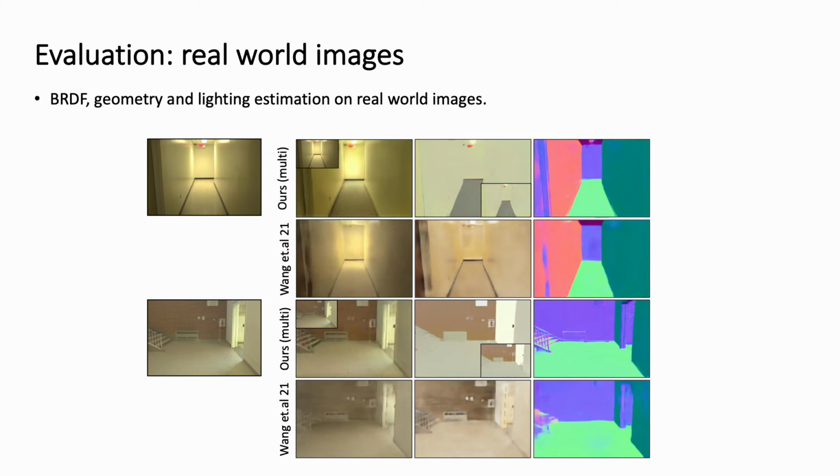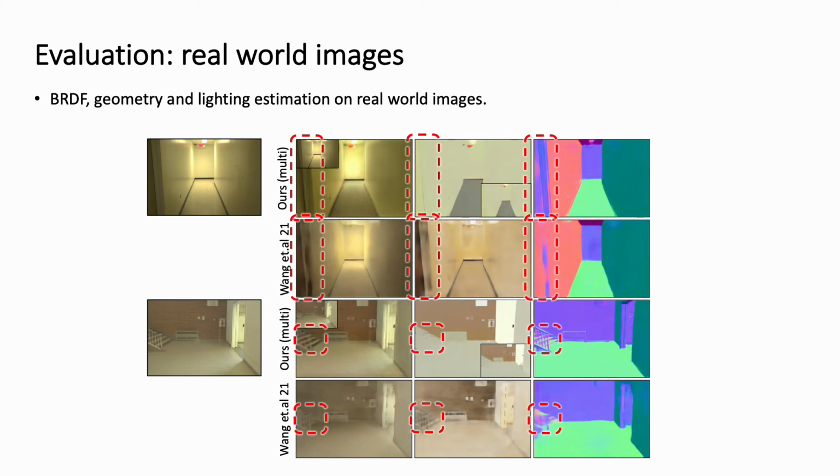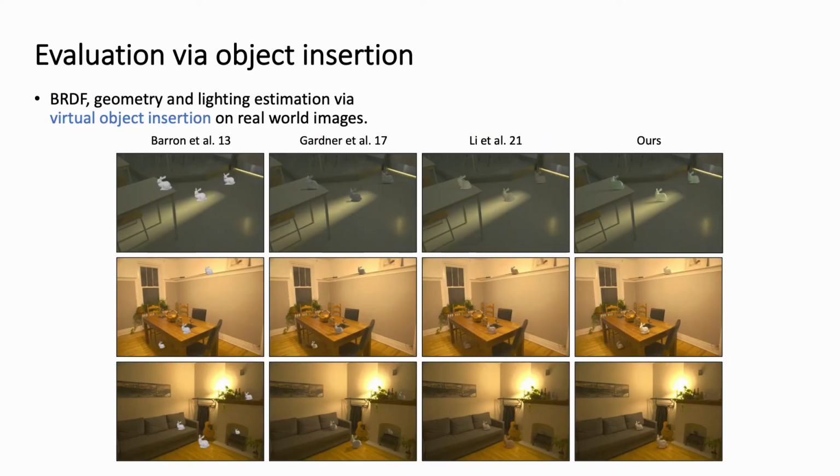A third comparison is done against the most recent inverse rendering work of Wang et al. Lighting in the first sample is extremely challenging, and our model better decouples lighting from materials and geometry. To compare lighting estimations, we employ virtual object insertion by inserting bunnies into selected locations.